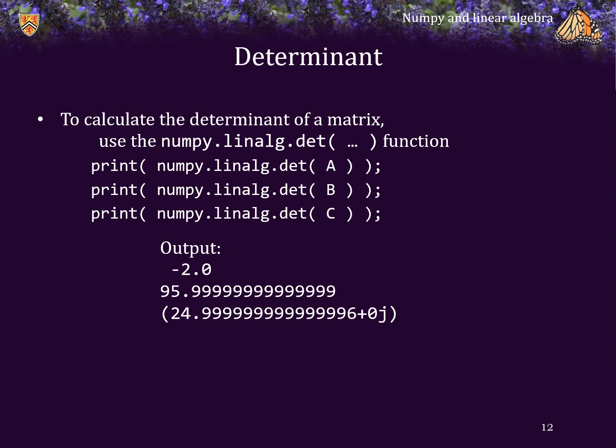Consequently, the determinant of the matrix C, the product of the eigenvalues, is guaranteed also to be real. Now in this case it's 24.999 and so on, and if you were to calculate the exact determinant it would be 25. But once again, for all engineering applications, this is more than sufficiently close.